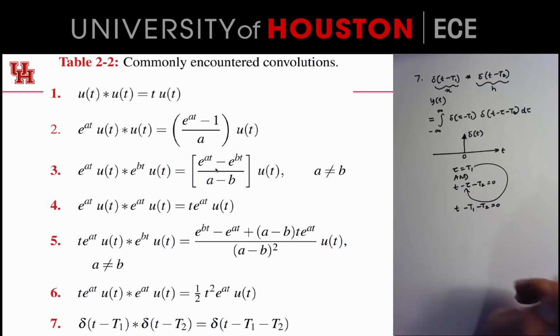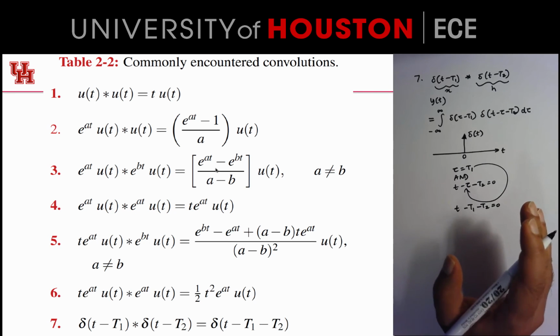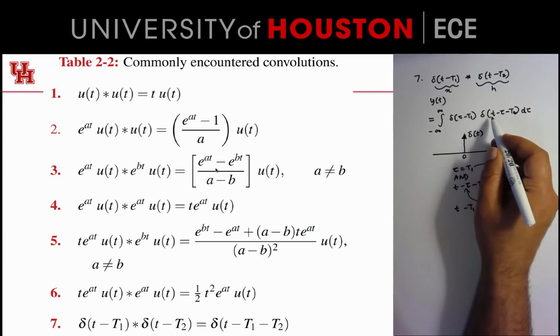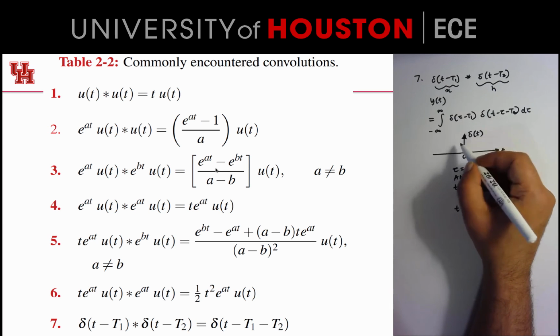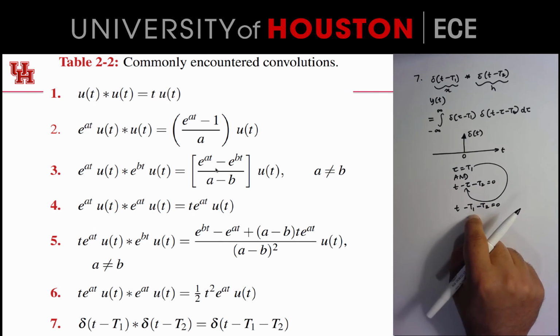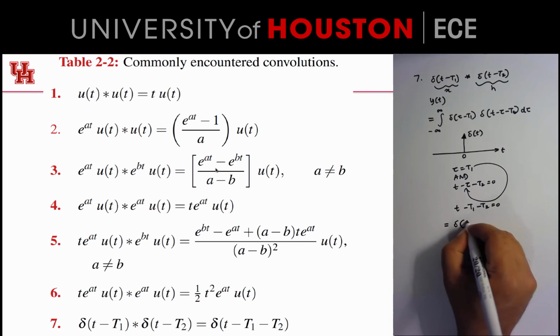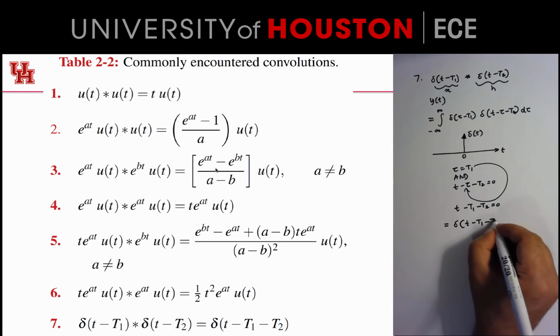That's the only place where these two delta functions will meet, so you get a non-zero thing. Now each delta function integrates to unity, that means 1. So multiplying the two delta functions will not change the integral. It'll still turn out to be a 1, but that'll happen at this point. So the answer to this question is delta of t minus t1 minus t2.